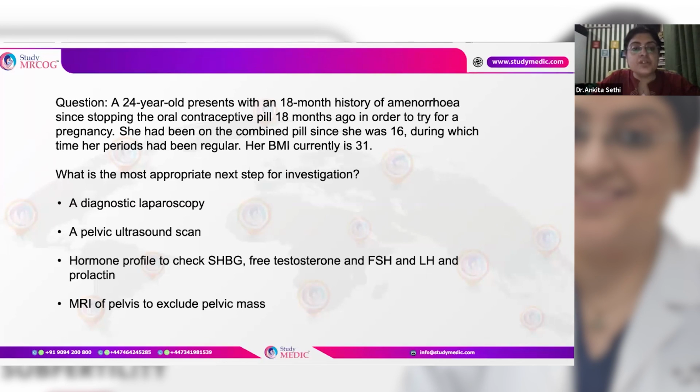So the patient was continuously on oral contraceptive pills, and when she stopped it, she had an 18-month history of amenorrhea. Plus the BMI is 31. So a hormone profile to check SHBG, free testosterone, FSH, LH, and prolactin will help us answer the question of why she's not having regular periods.